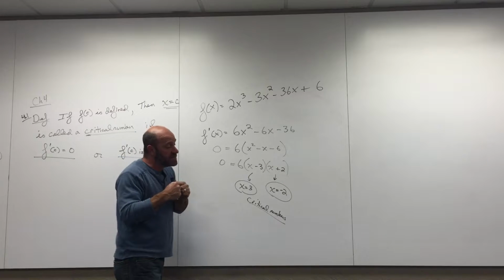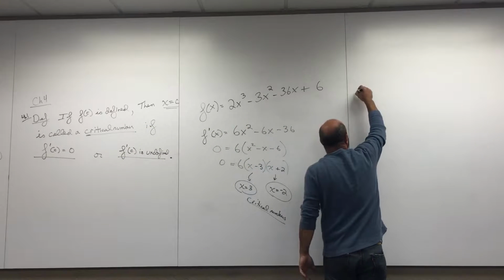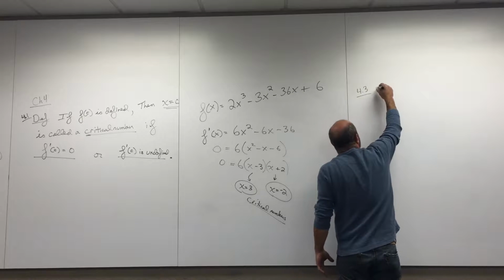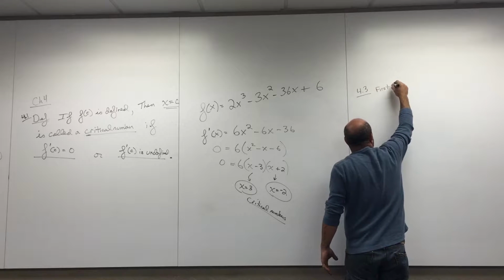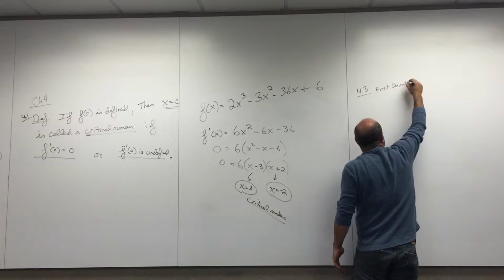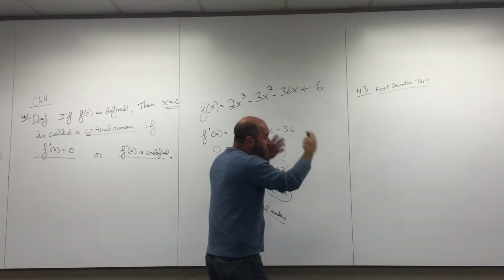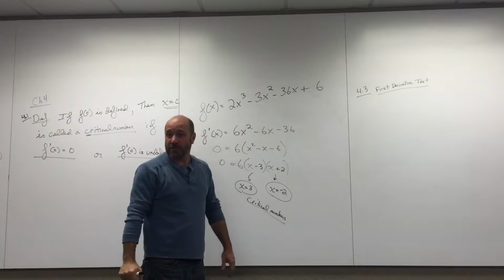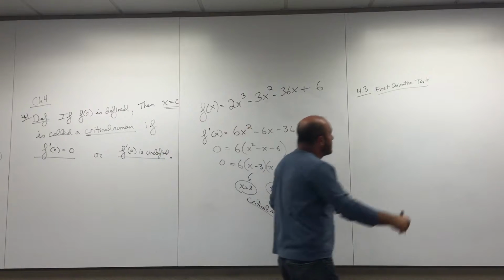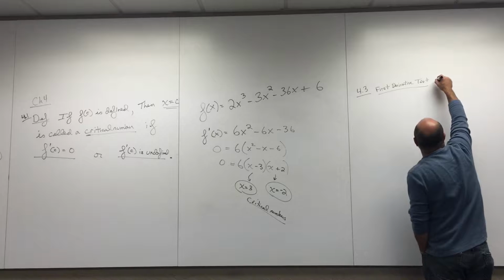And now this really is in section 4.3. Here we go. This is called the first derivative test. It's hard to write out all the steps, so what I'm going to do is just do a first derivative test for you and show you. But maybe I should tell you what a first derivative test does.